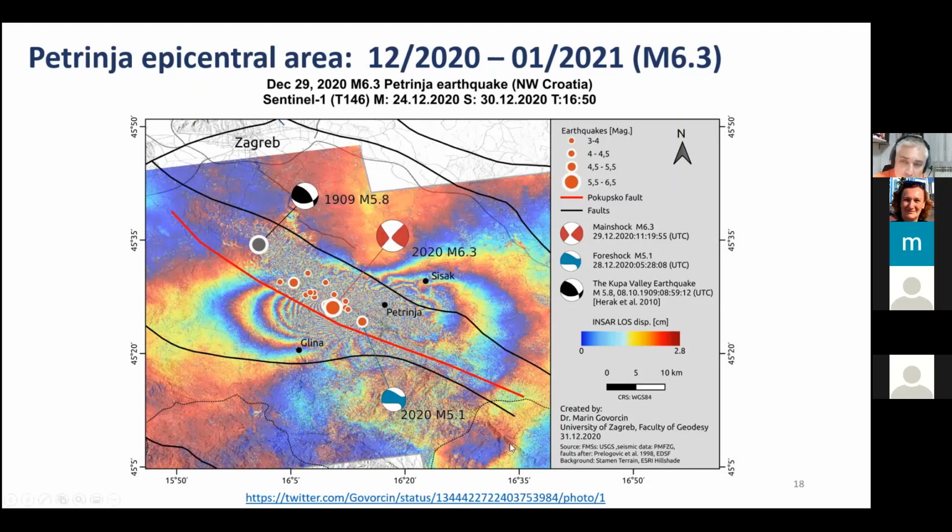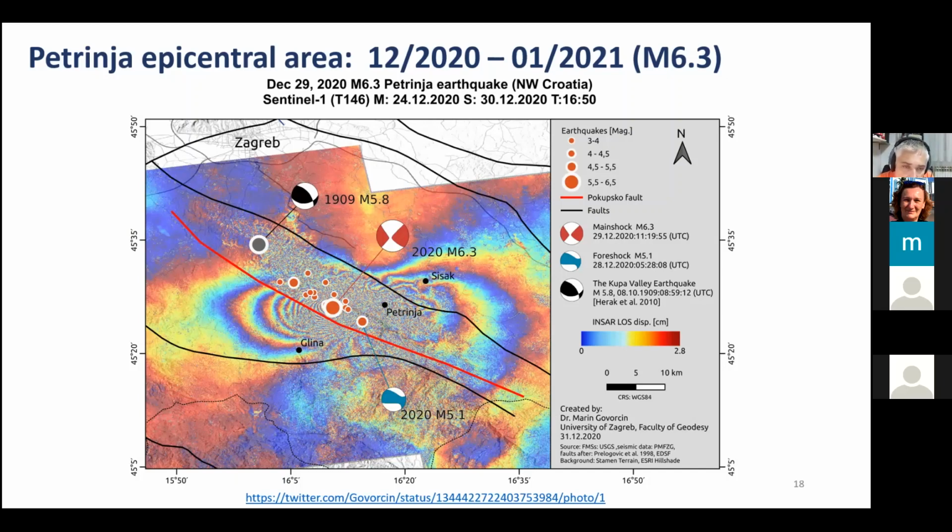With the red line is marked the Pokupsko fault. It is the fault which is, let's say, guilty for those earthquakes that occurred in this area.